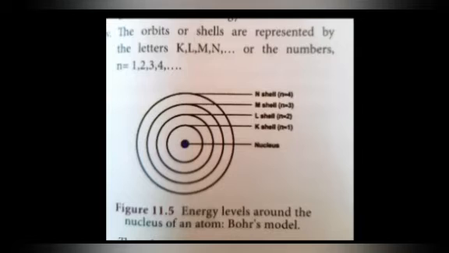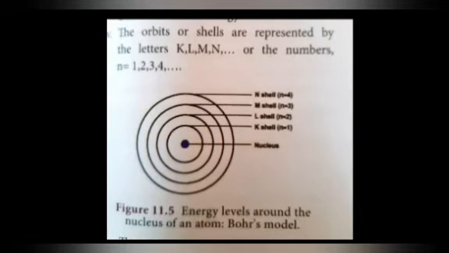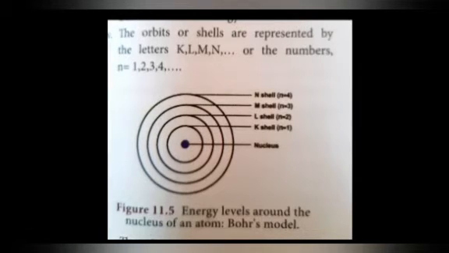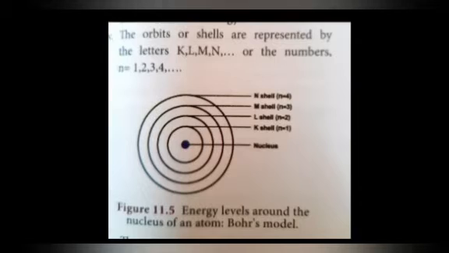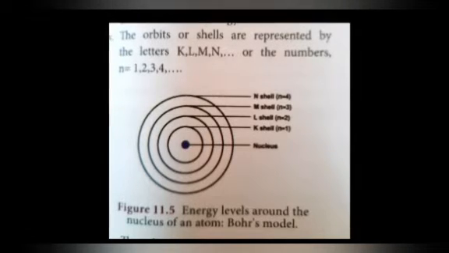The orbit closest to the nucleus is the K shell. Look at the picture. It has the least amount of energy, and the electrons present in it are called K electrons. These orbits are associated with a fixed amount of energy, so Bohr called them energy levels or energy shells.